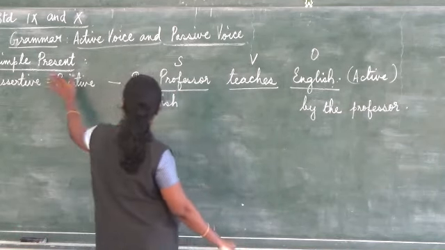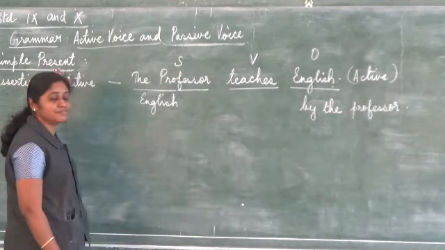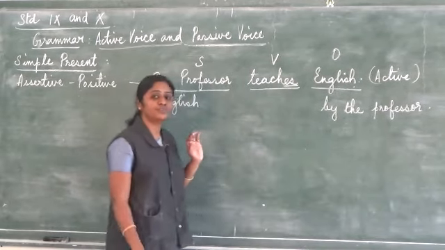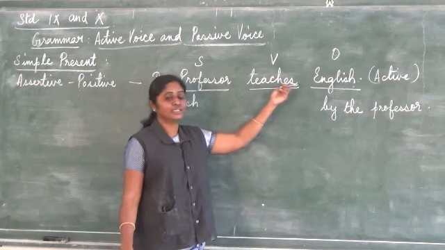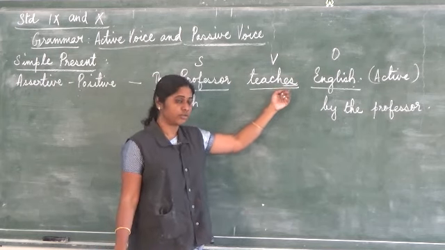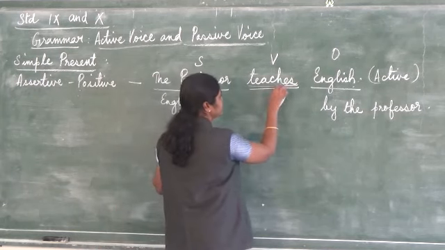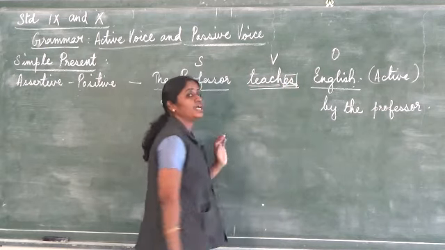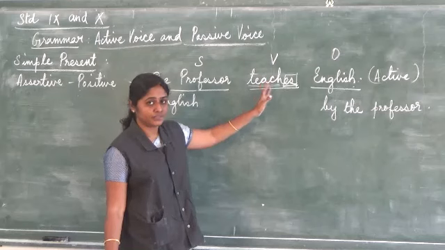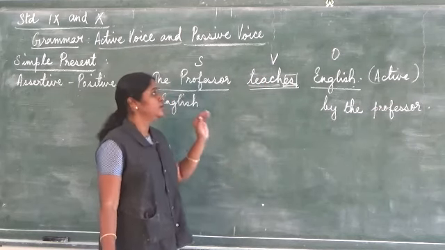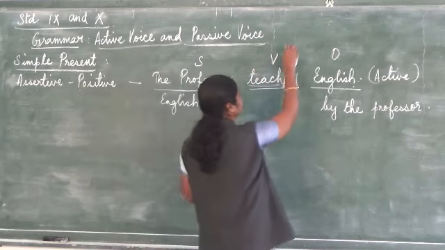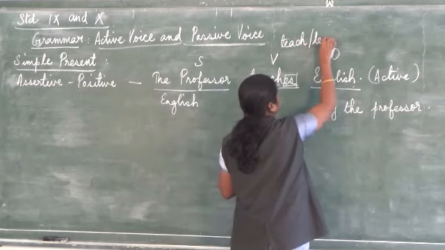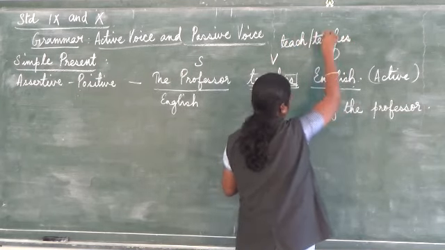As we have already named it, it is in simple present tense. How will you find out the tense of this verb? It is ending with s or es. The base form of this verb is only teach. We have added this s or es to show that the verb is in simple present tense, so the simple present form will be either teach or teaches in active voice.